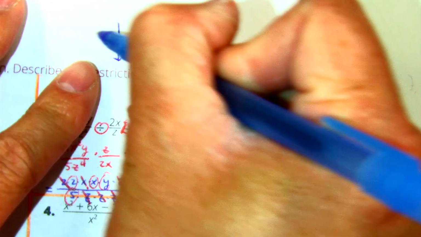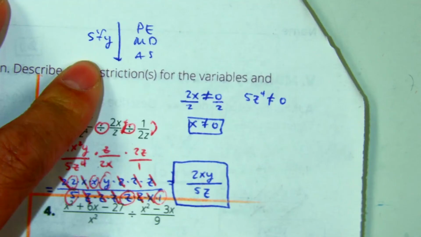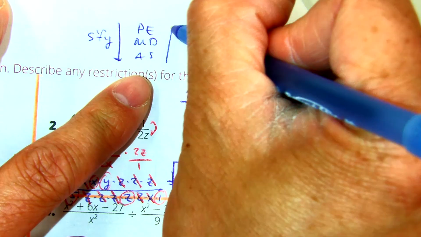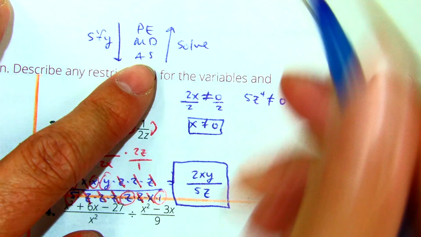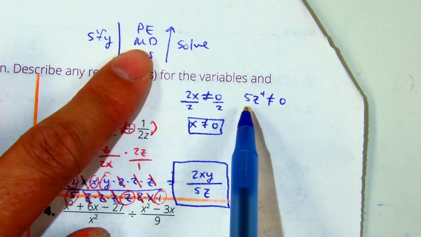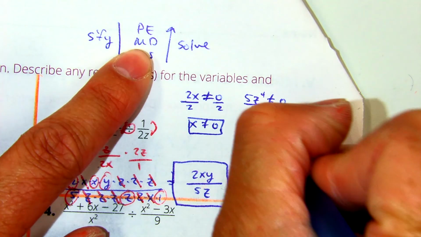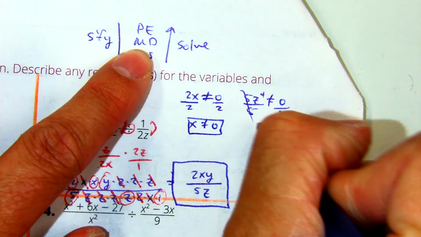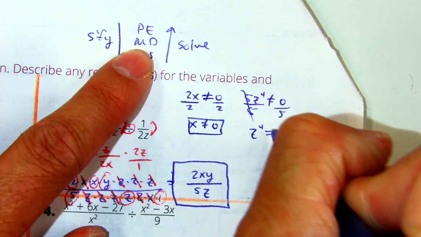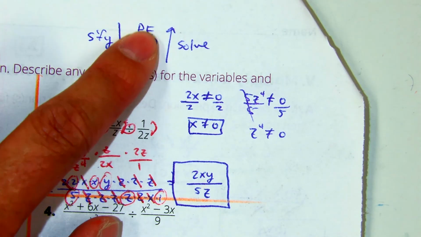Normally in PEMDAS, you're simplifying going down, and then when you're solving, you actually go up. So there's no addition and subtraction. You're going to do multiplication and division. So I'm going to have z to the 4th not equal to 0. And then you're going to do the exponents.